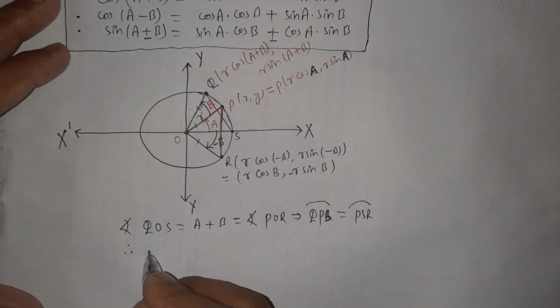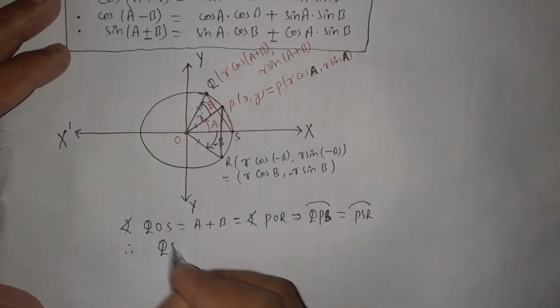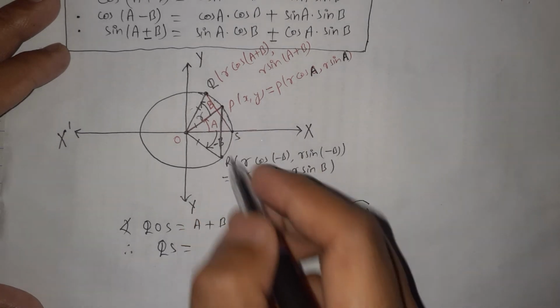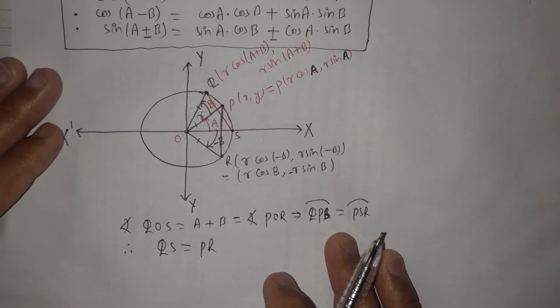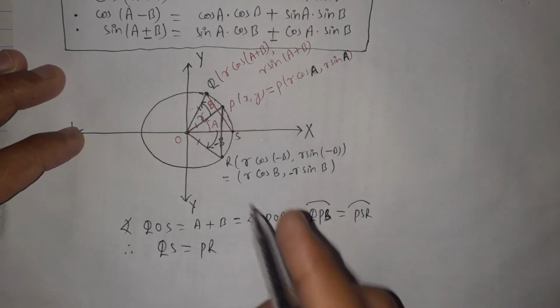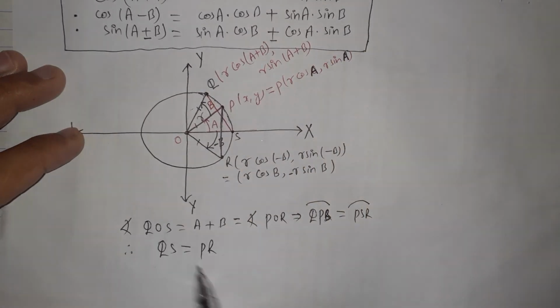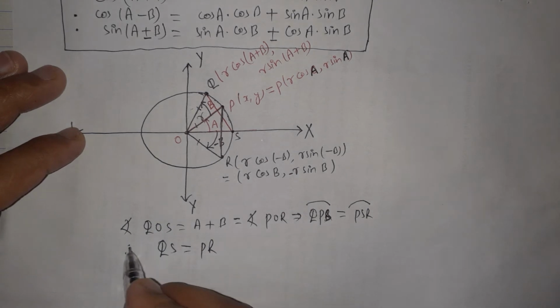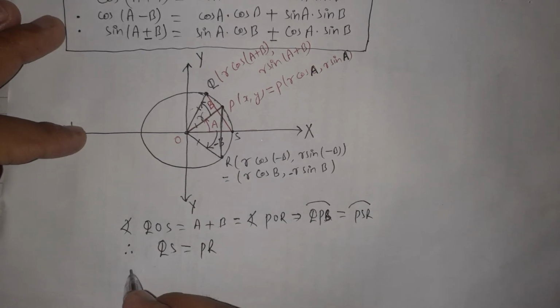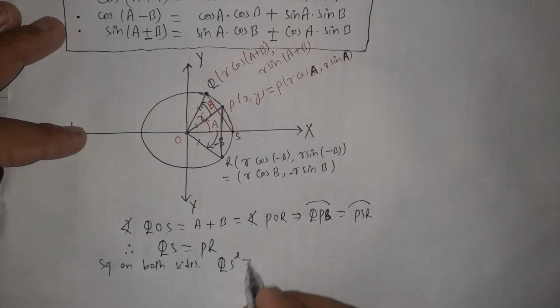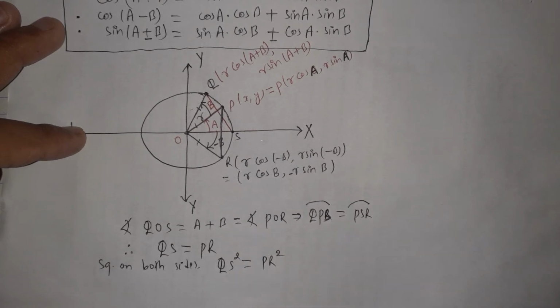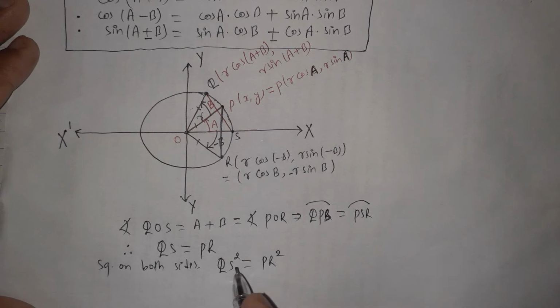Therefore the chord QS is equal to the chord PR by the theorem of the relation between the central angle and the chords. So the respective chords are equal. Now we can square both sides: QS square is equal to PR square.